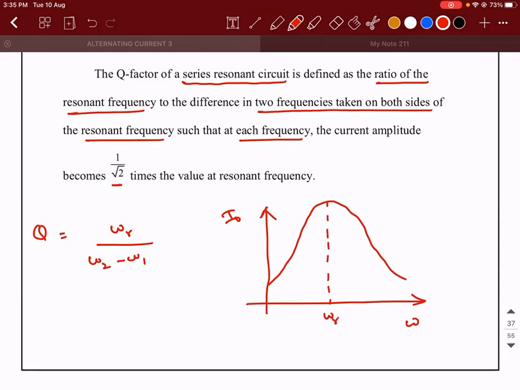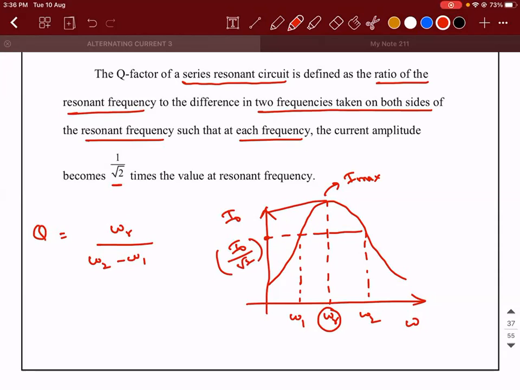So this is omega r. If I call this as omega 1 and if I call this as omega 2, at omega r, if you find the corresponding current value, it will be maximum, right? And here if you plot, then it will be observed, it is I naught divided by root 2. That is the meaning.